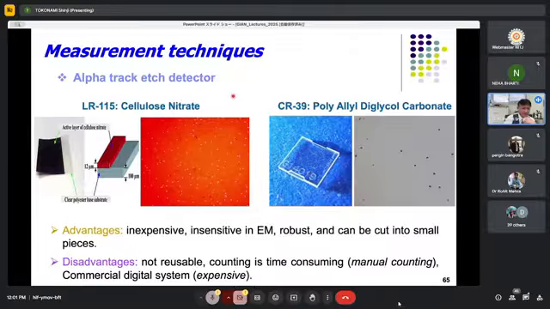The left side shows the LR115, cellulose nitrate. The right side, CR39, polyallyl diglycol carbonate. I know Indian colleagues use this track detector.